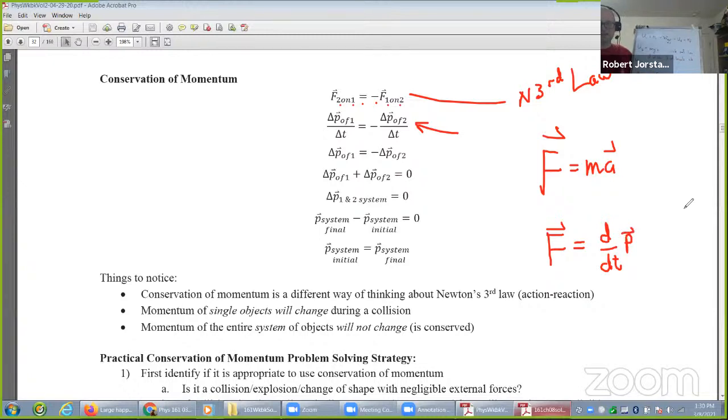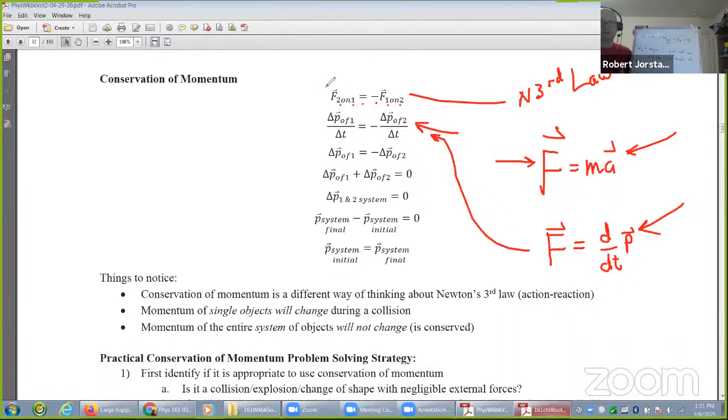Believe it or not, this newer definition is valid in relativity as well. So even when things are moving near the speed of light, whereas the upper definition is not valid at speeds near the speed of light. So that said, for most problems we do, if mass is not changing, right? Okay, that's fine. But that's basically why we're going into this new upgraded equation.